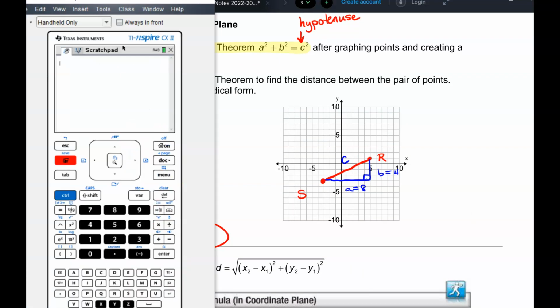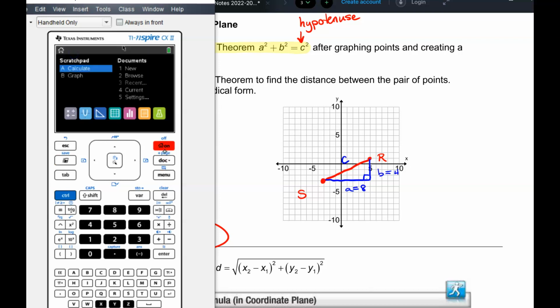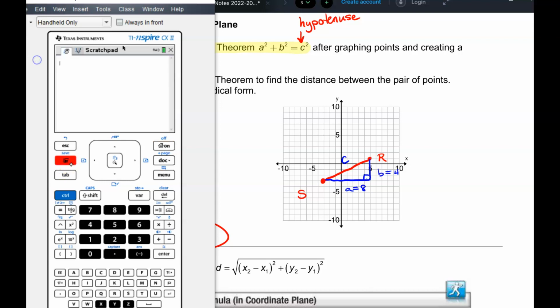Now, on our calculator, I usually just operate within what's called the scratch pad. This is technically a computer. You can create documents, you could do all kinds of stuff. But for right now, if you just click this button, if you turn it on, it'll look like this. You could either press this button here, or you can just press enter to calculate.